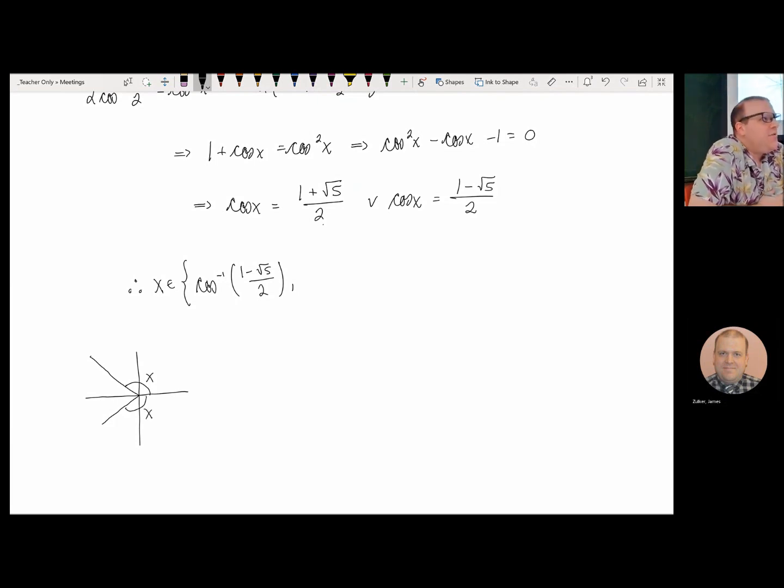Similar angle states that's also the inverse cosine of 1 minus root 5 over 2. But we want that.